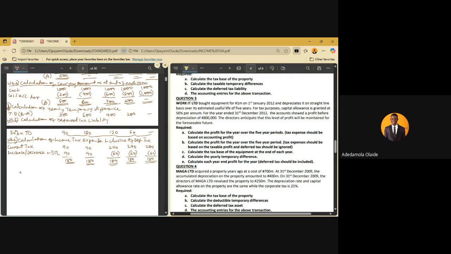So if that's the case, we can now go to note E. In note E, we can now say calculation of each year profit inclusive of deferred tax. So what do we have?